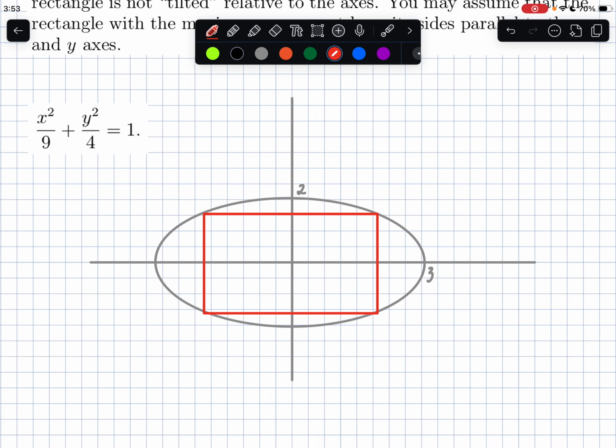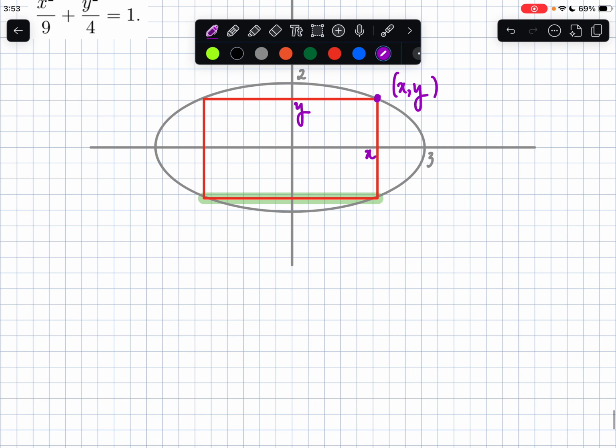So say the point in the first quadrant here has the coordinates x, y. X here, y here. So you see that one side of the rectangle has length 2 times y, and the other side has length 2 times x.